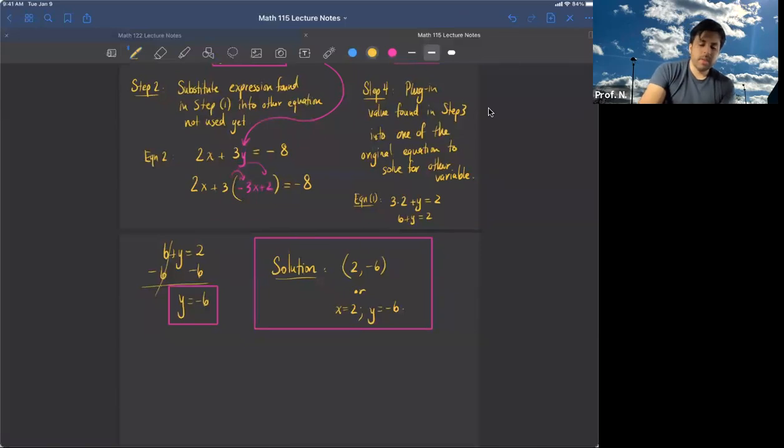Negative 4, thank you. You guys are on top. That's right. 2 minus 6 is not negative 6. 2 minus 6 is negative 4. Correct. Thank you. You guys are paying attention, which is awesome.